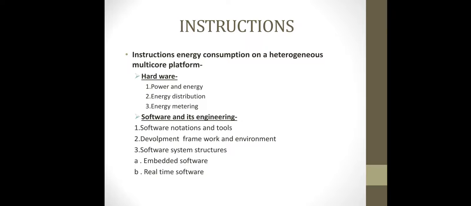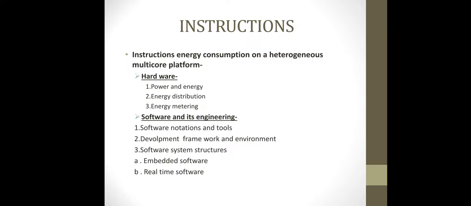And the instructions energy consumption on a heterogeneous multi-core platform for the software and its engineering is: number 1, software notations and tools. Number 2, development framework and environment. Number 3, software system structures.